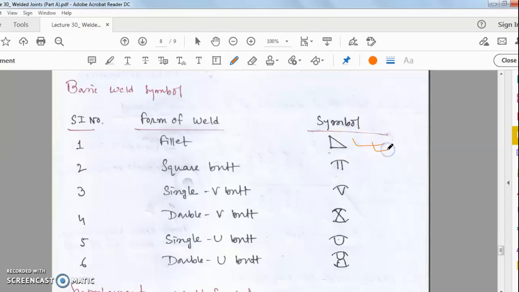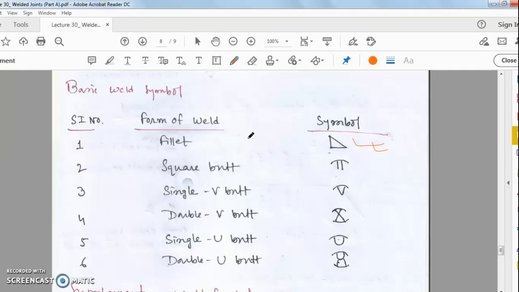Because it is not possible in a single drawing to mention all the different forms of weld in language. So that is why we use the symbol, and this symbol is internationally accepted. That means anyone in the world who understands welded parts can easily understand from this symbol what the designer wants to say.